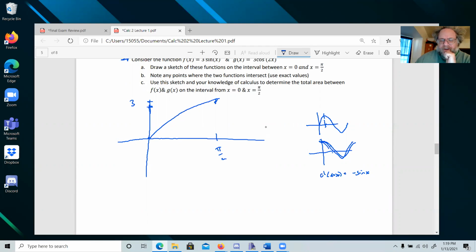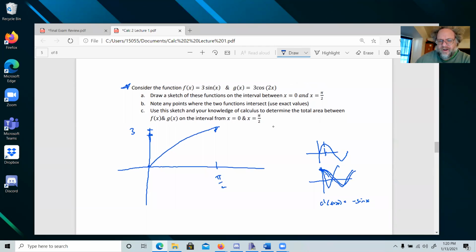And cosine of 2x, right? This shrinks down what's going on here. So it's really something like that. Okay, so if we plug in 2 times pi over 2 into x, we actually get pi. Remember, cosine of pi is down here, so it's down at negative 3, all right?